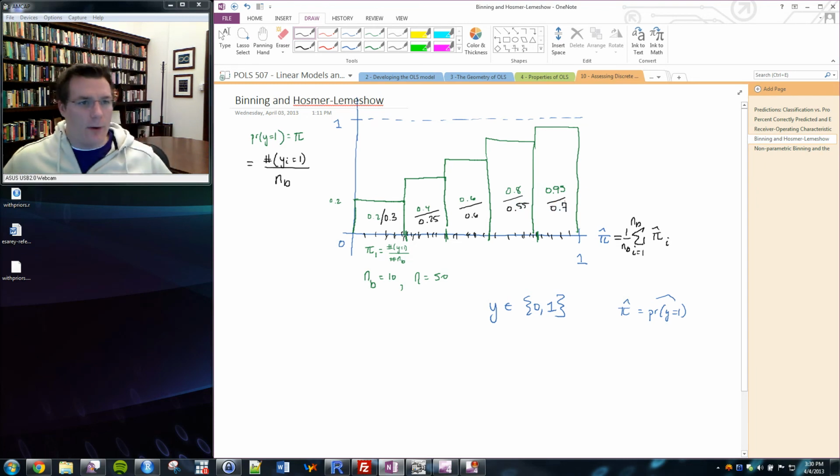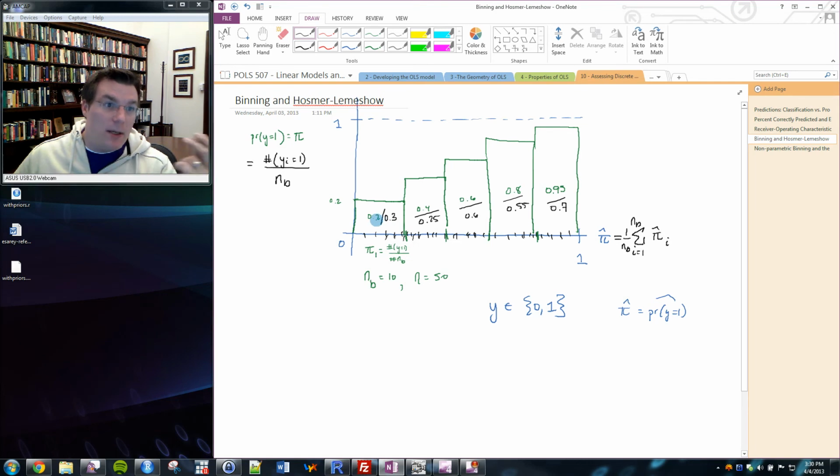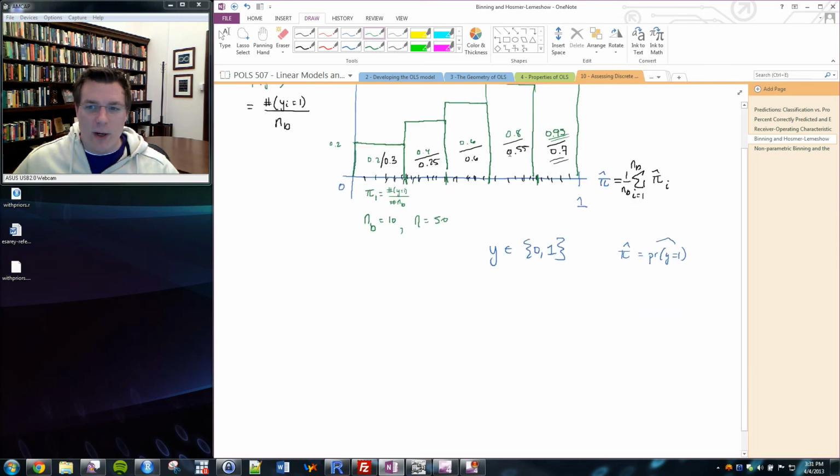And what we're looking for is for the average predicted probability to be the same as the average empirical probability in the data set. A good fitting model will produce bins where the average predicted probability is equal to the average empirically observed probability in all of these bins. So you can do this visually, by literally constructing the histogram that we just constructed and looking for a linear relationship with a slope of 1.